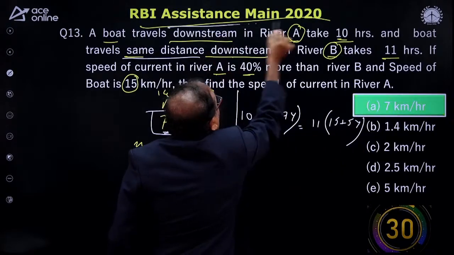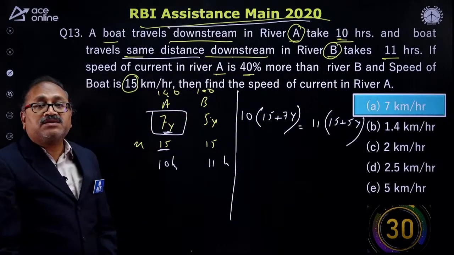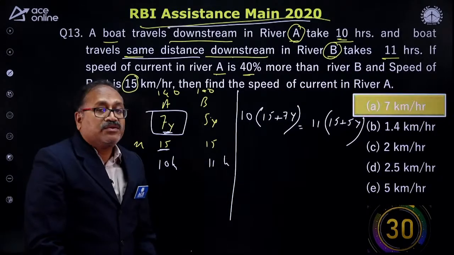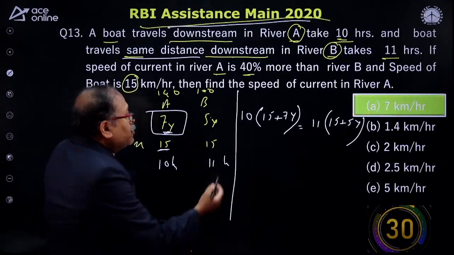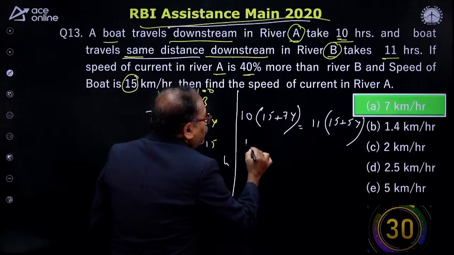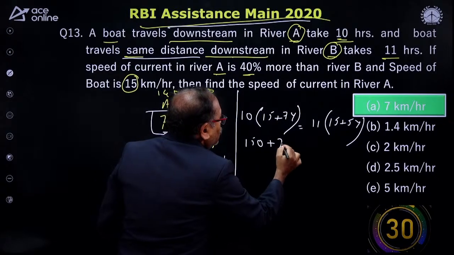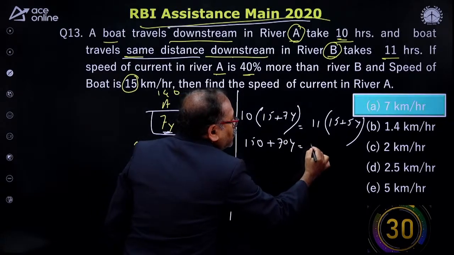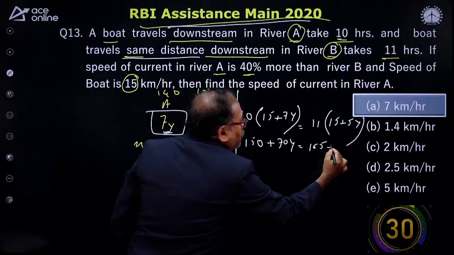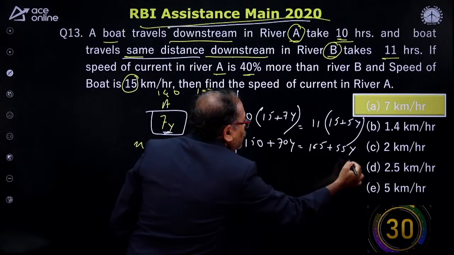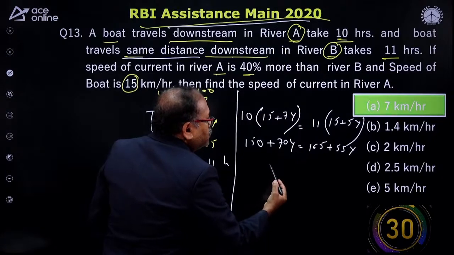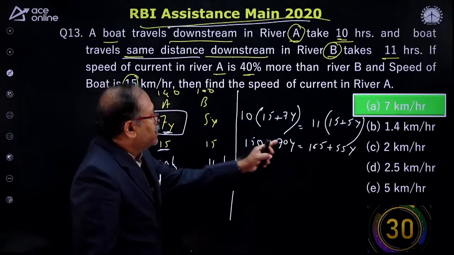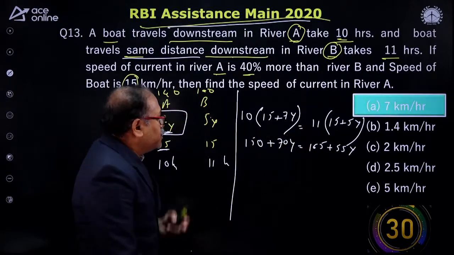This is what was asked in the RBI Assistant main exam. Now you are getting the y value here. That is 150 plus 70y, which is equal to 165 plus 55y. Am I right? So when I cancel this part, that will be 55y. Yes.